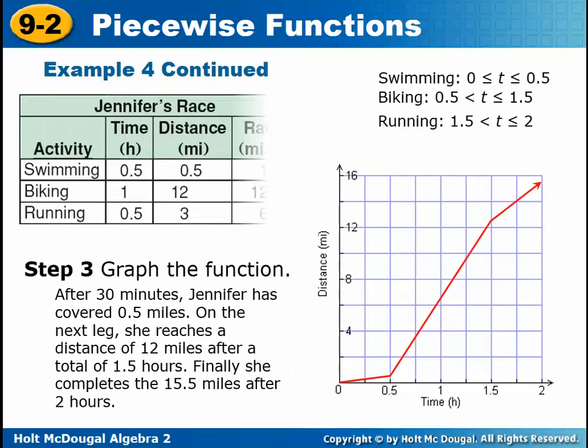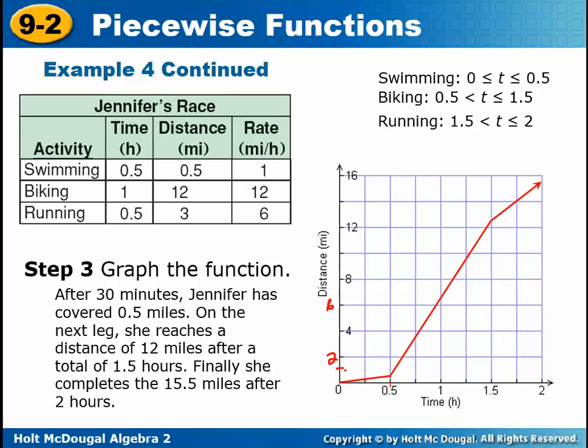She started out, of course, at 0, and she went over to 0.5 hours, which was the swimming section. And then this is 2, 6.